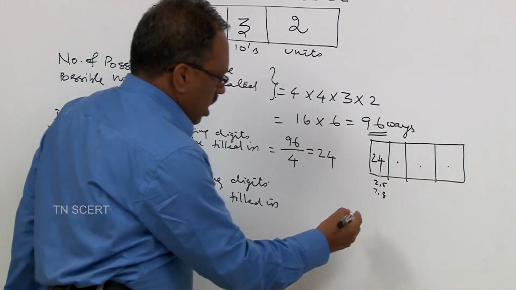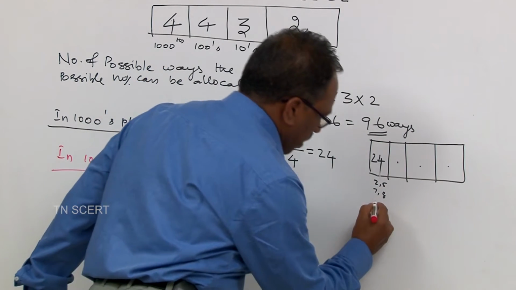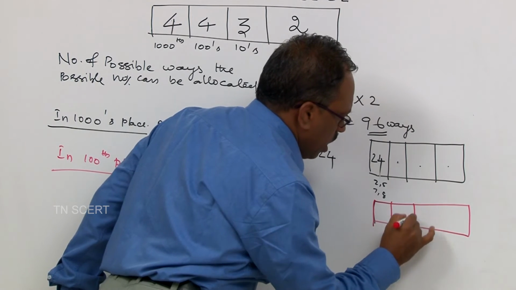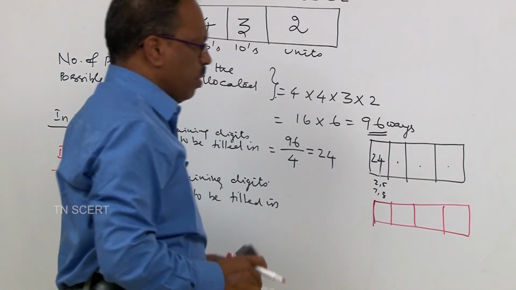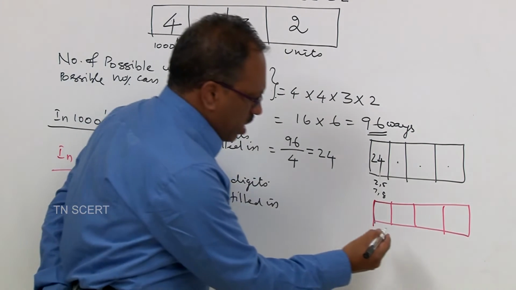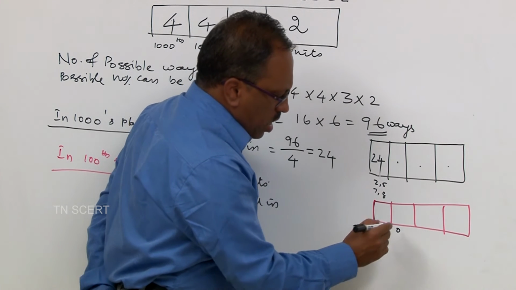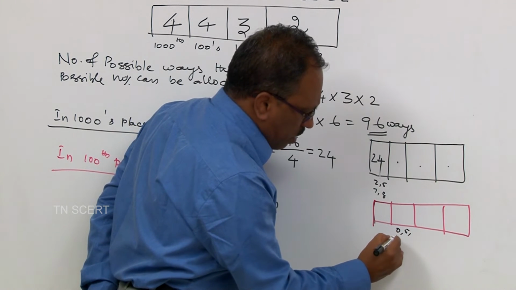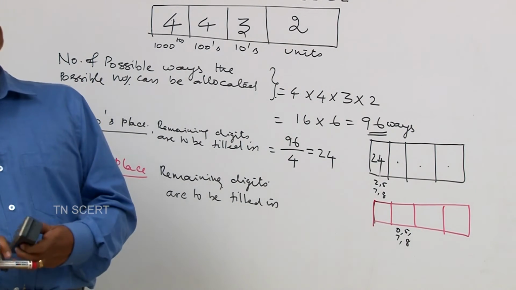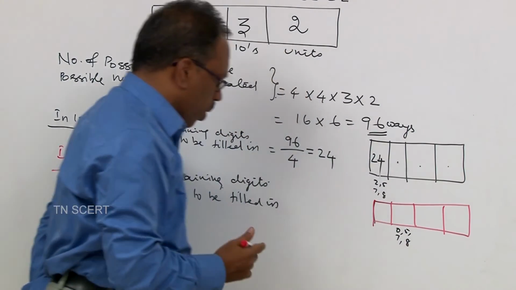So let me take out this part here. It is a very simple and easy way to see how the hundreds place will be taken into account. In the hundreds place, 0 is also possible. Suppose for example I have located 2 over here. So that means 0, 5, 7 and then 8. Out of these many possible ways, see 96 is over.